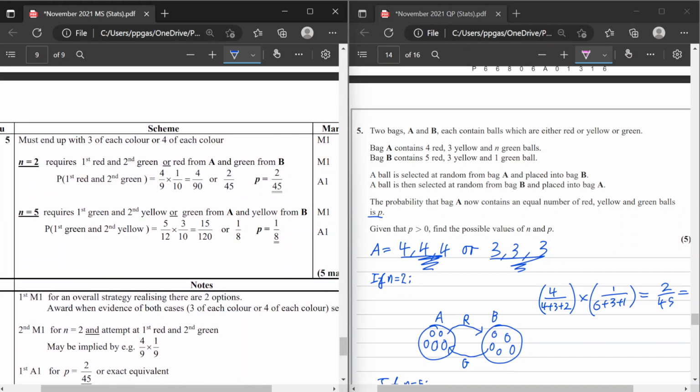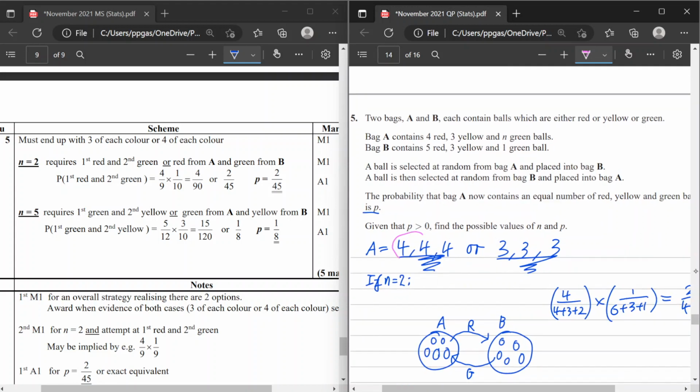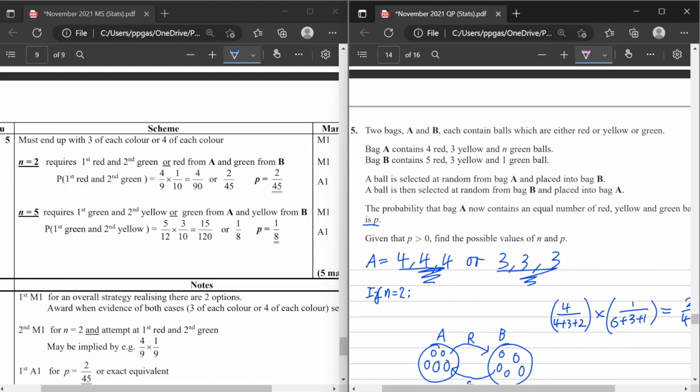So you're supposed to say that if bag A contains an equal number of red, yellow, and green balls, the only way this would be possible is to have A contain either 4 of each ball or 3 of each ball. And this is because you can only add 1 ball and you can only take away 1 ball.